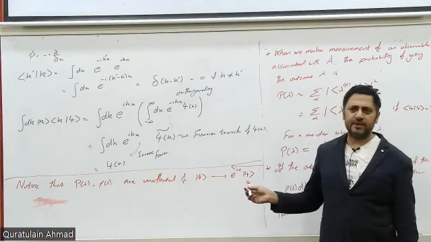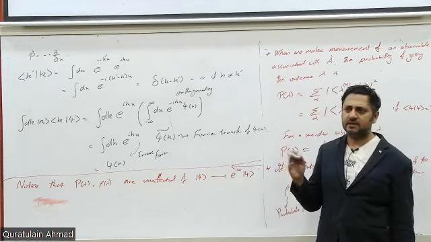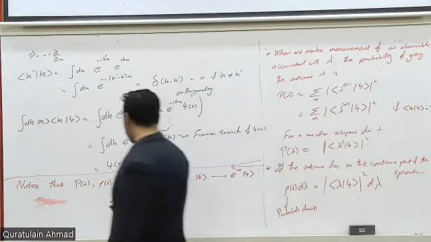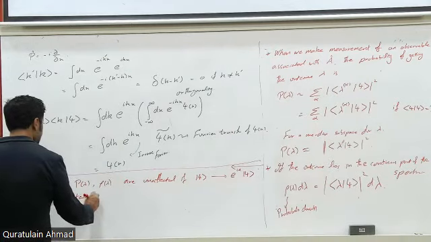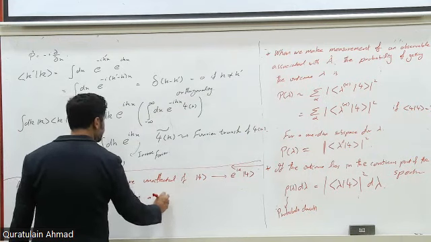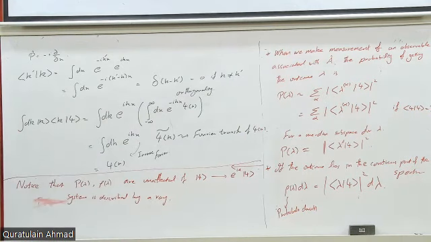Doesn't matter which phase you pick. So that's why sometimes people say that a system is described by a ray. The overall norm you have already fixed. You said, okay, I'm going to make it 1. But even if you make the norm 1, multiplying with a phase doesn't change the norm. And the phase doesn't matter.